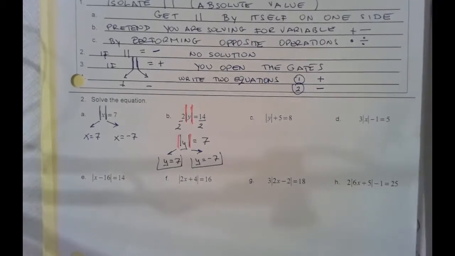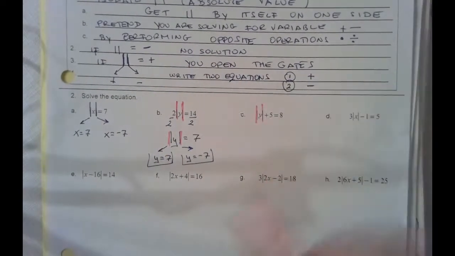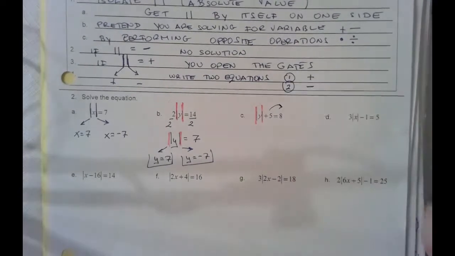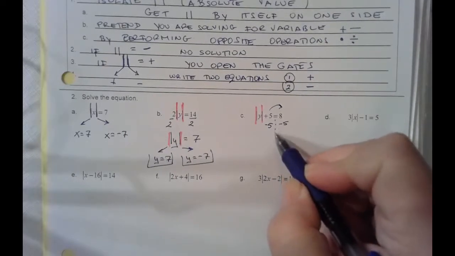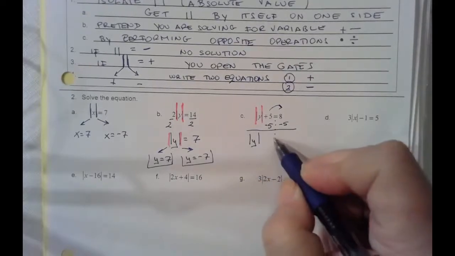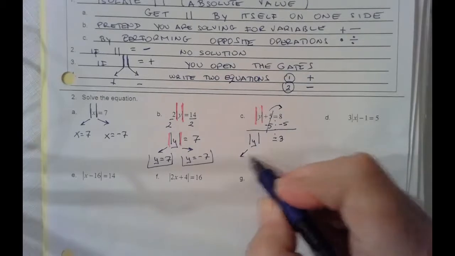In the next example, my castle is not by itself. I need to get rid of the positive 5 by moving it to the other side, and you do that by subtracting 5 from both sides. These two cancel, and the absolute value equals 3. Now I'm going to open the gates.